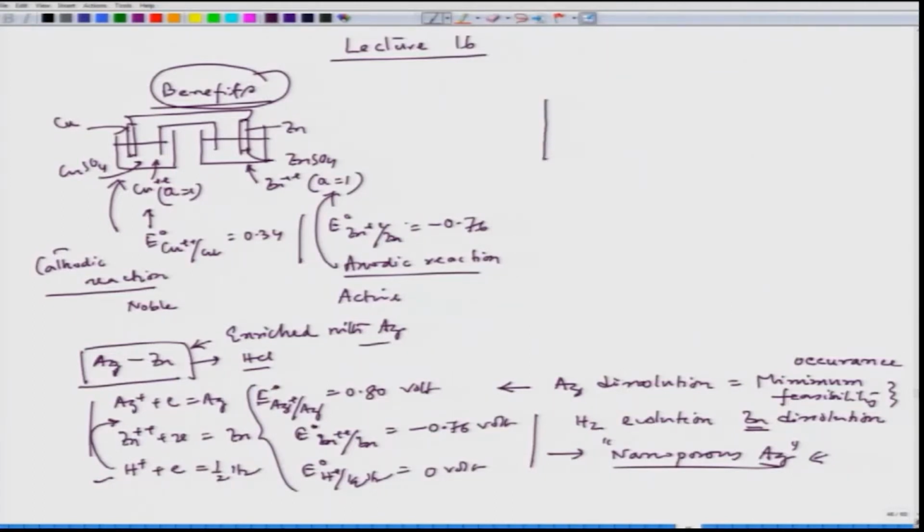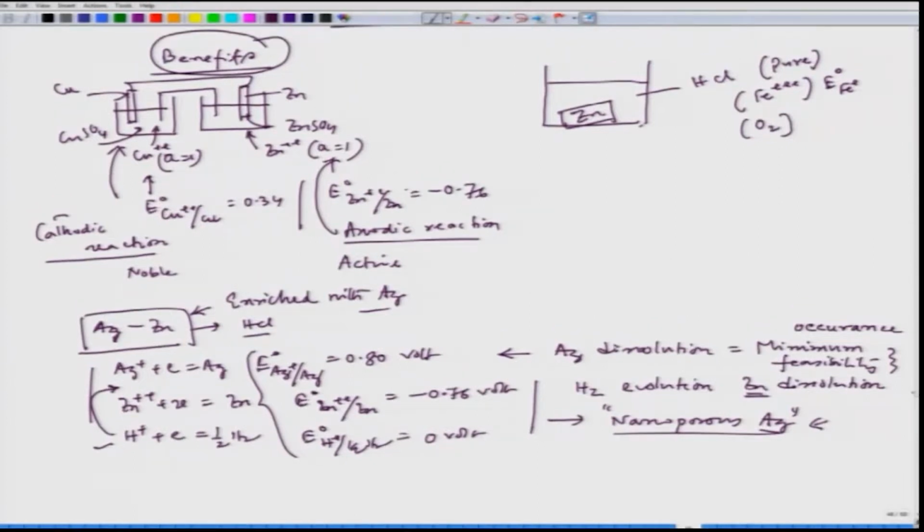For example, if we have an acid medium and there we have a silver plate and a zinc plate, and if we contain Fe3+ ion, and if we contain dissolved oxygen, the dissolution rate of zinc would increase, because the reduction potential E0 for Fe3+ plus e to Fe2+ equals 0.77 volt, since it is an acidic medium.